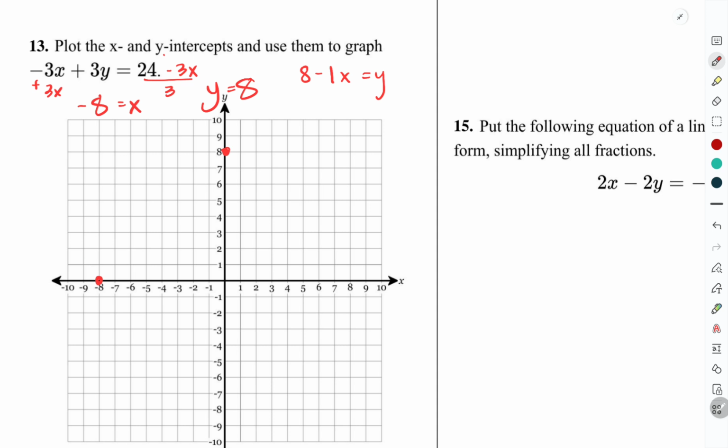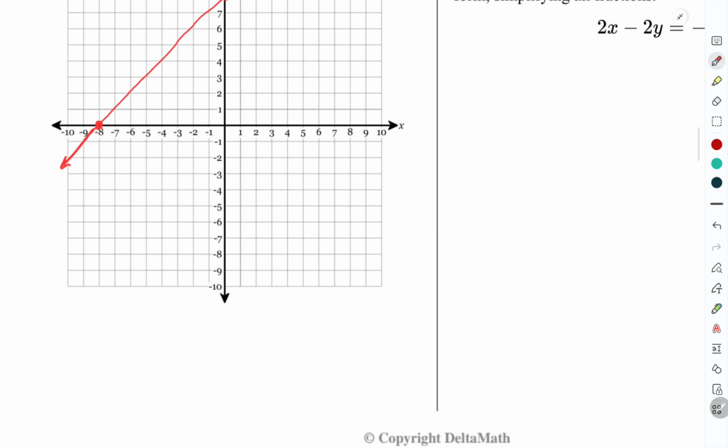Oh, that should be plus 1. Okay. I have a positive 1 slope if my intercepts are negative 8 and positive 8 there. So cover-up method or solve for y. You do not have to do both. I just wanted to show both. Okay.